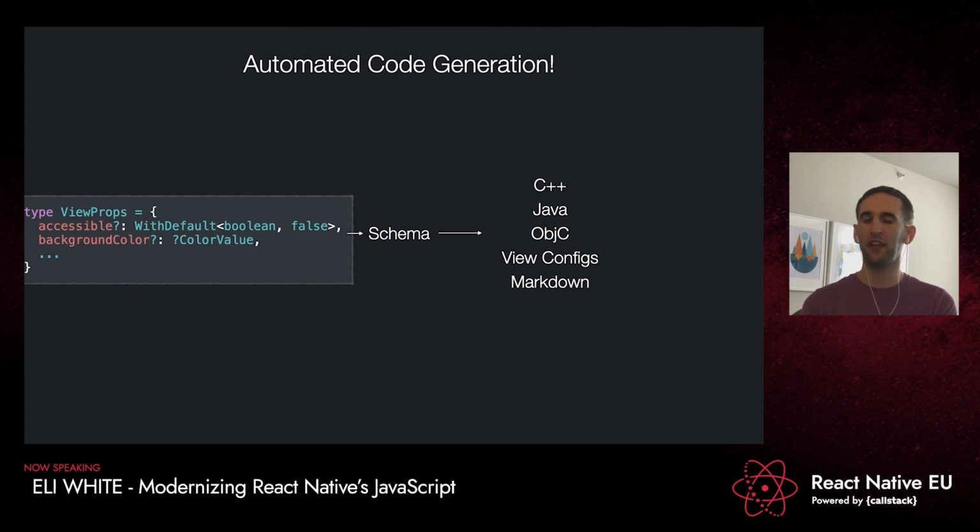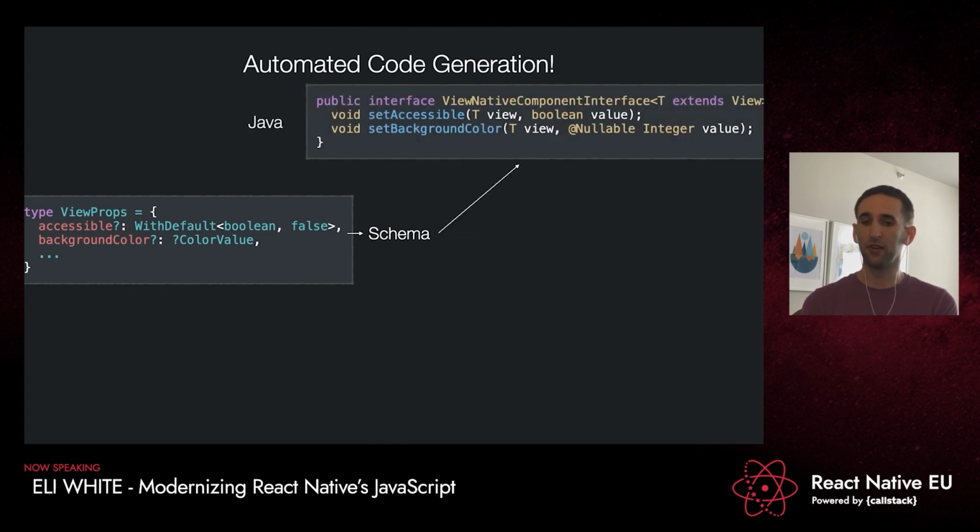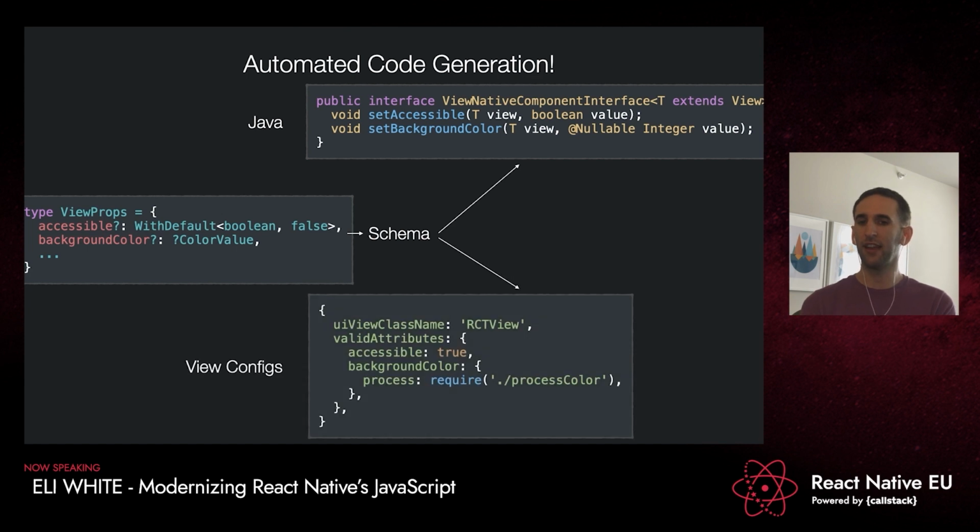So this schema then generates, in Java world, a native interface that our component would then implement. And it can also generate our view config in JavaScript. That view config will now be part of the bundle at build time instead of having to be processed and calculated at runtime.